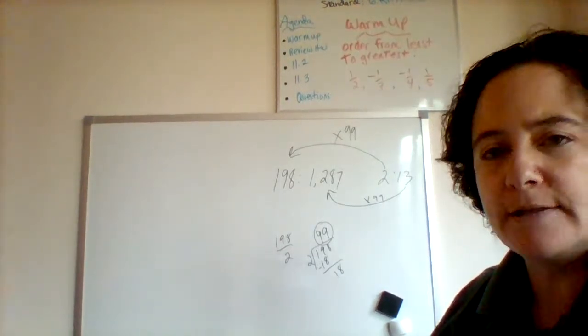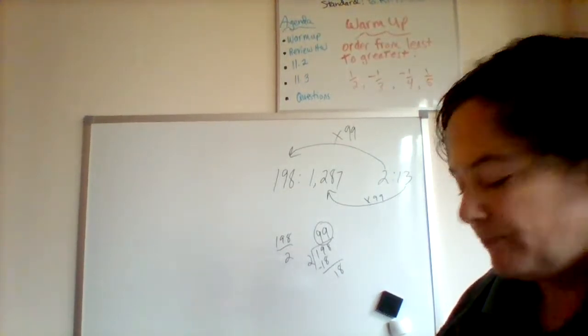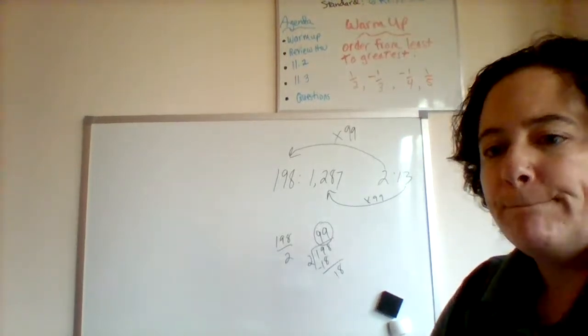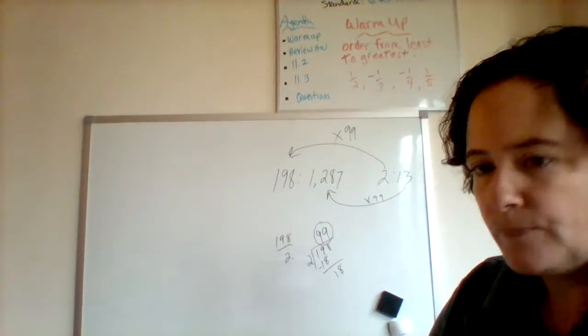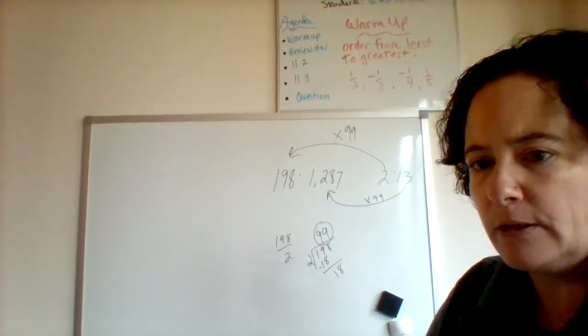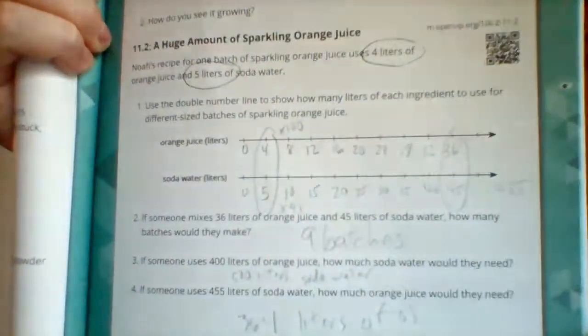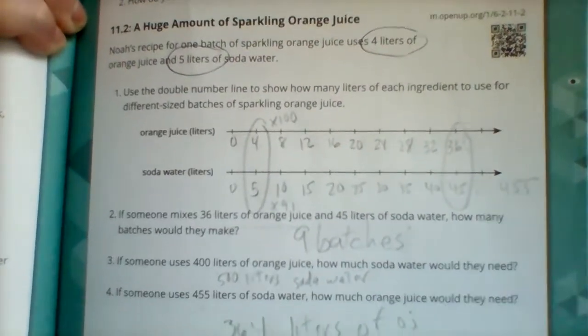It's kind of like the cat's question. So skip counting by 2. No, Taylor, we are skip counting by 4s on the top and 5s on the bottom.